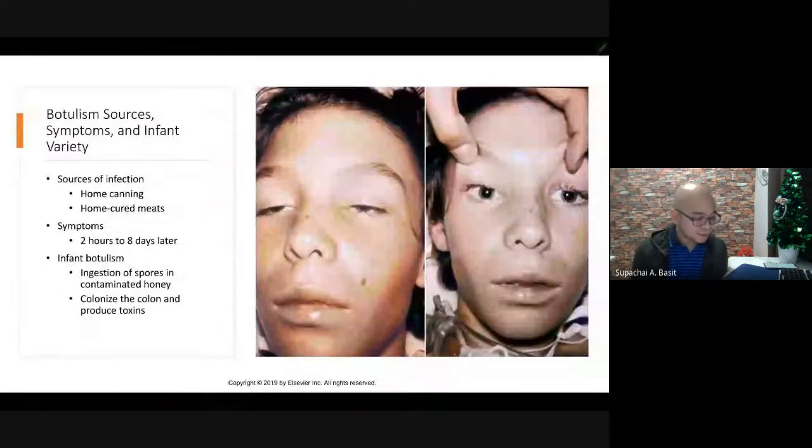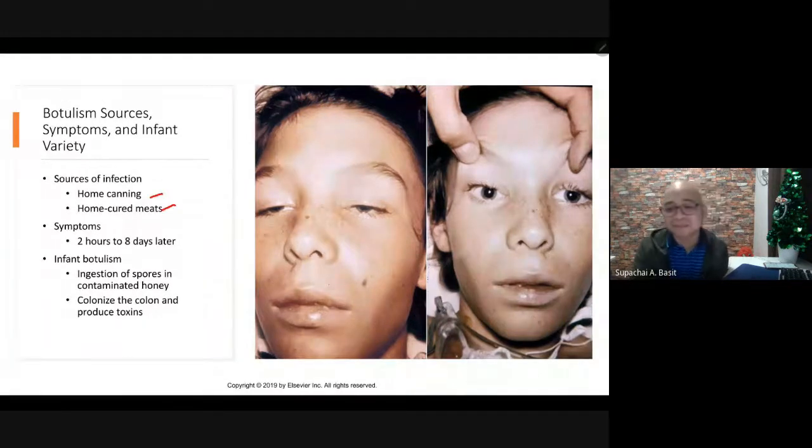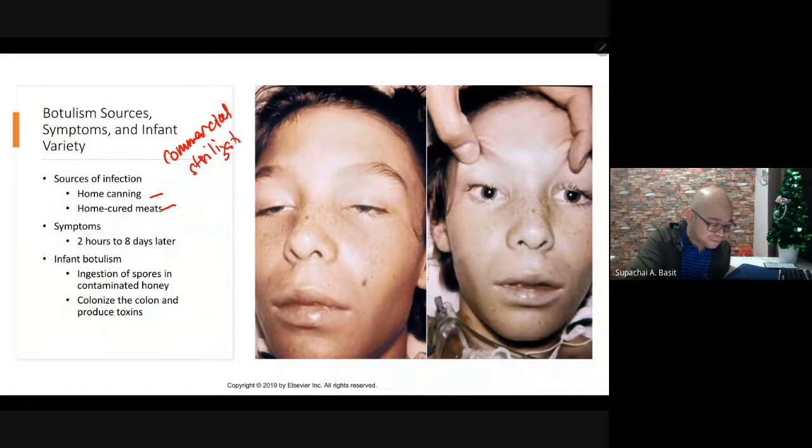Okay, so what are the sources, symptoms, and different varieties? Sources of infection would be home canning and home cured meats. That is the reason why canned goods industries have what they call commercial sterilization, which I have already discussed during the prelims.